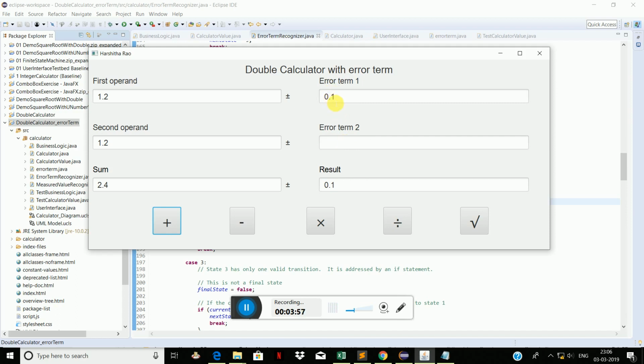And if the error term value is beyond the limit, we need to give exponential notation for the result. We are even doing that, as I can show here. As we can see, the result is in the form of exponential, and the user can easily compare his results.